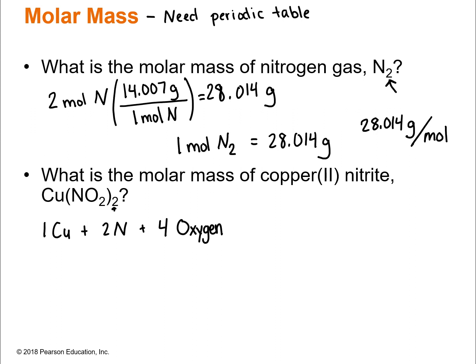When you look up all of these on the periodic table, that's copper. And then we have 2 times the nitrogen. And 4 times the oxygen.